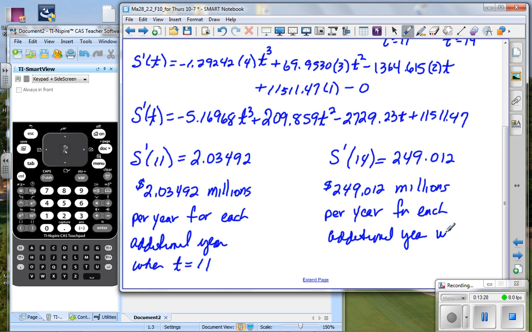Now we need to know when t is equal to 14, or in 2004. So let's say this, sales increased that much. We'll add that statement over here too. Sales increased that much per year for each additional year.